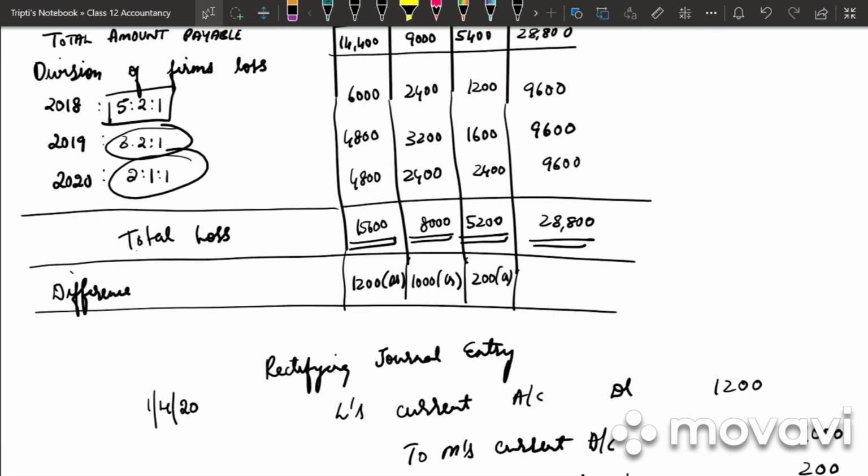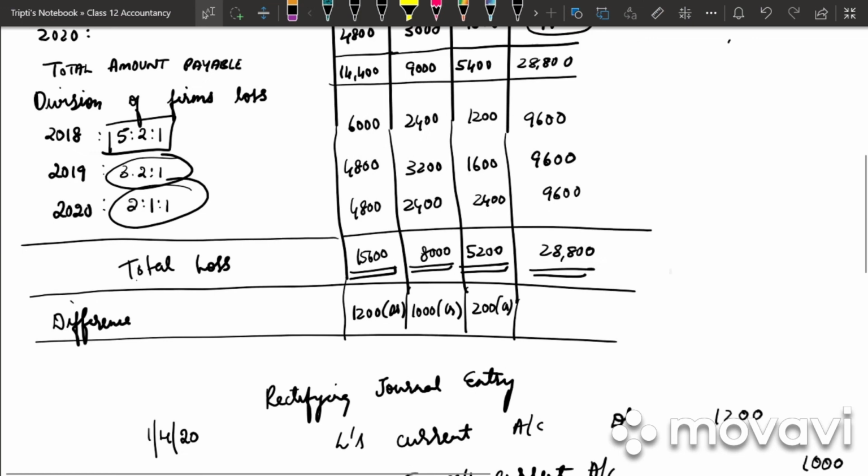So what was the difference you noticed between when there is an omission of interest on capital and when there is an omission of interest on drawings? In case there is an omission of interest on capital, the profit will be reduced in the firm and that loss will be shared between the partners.